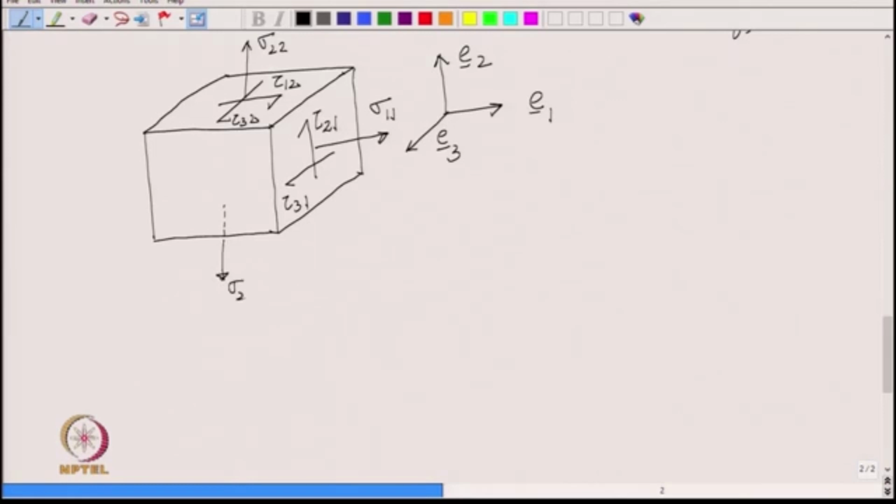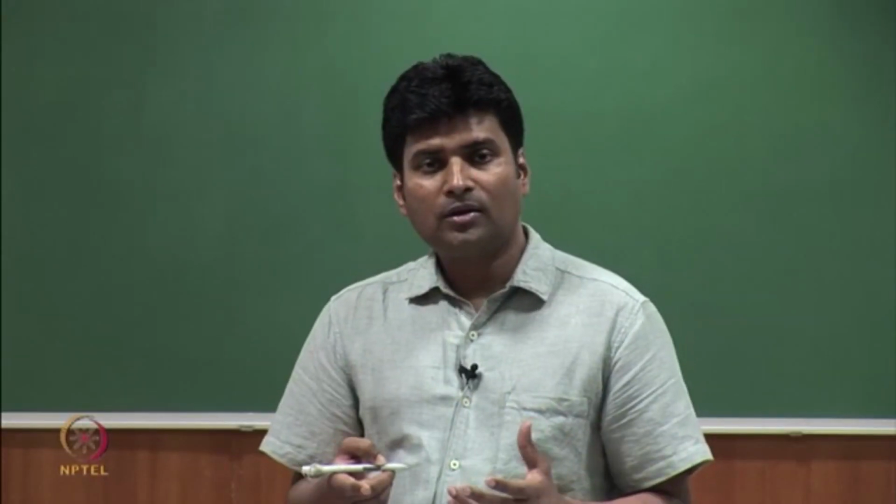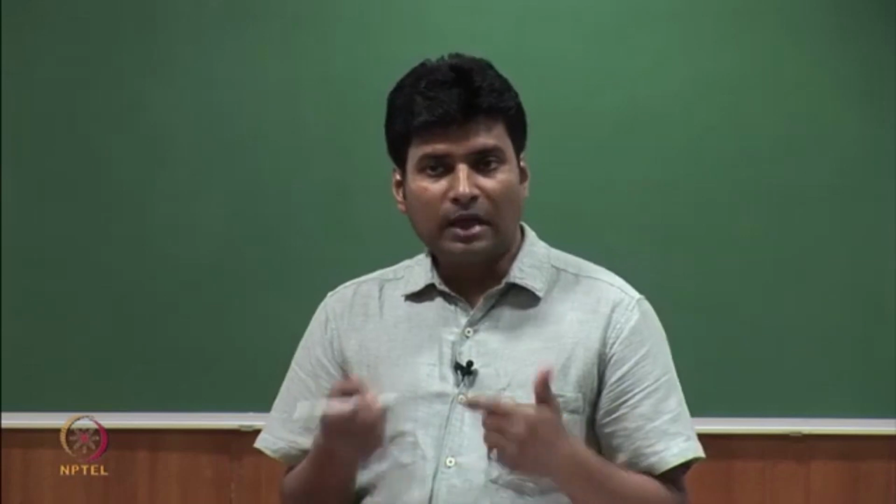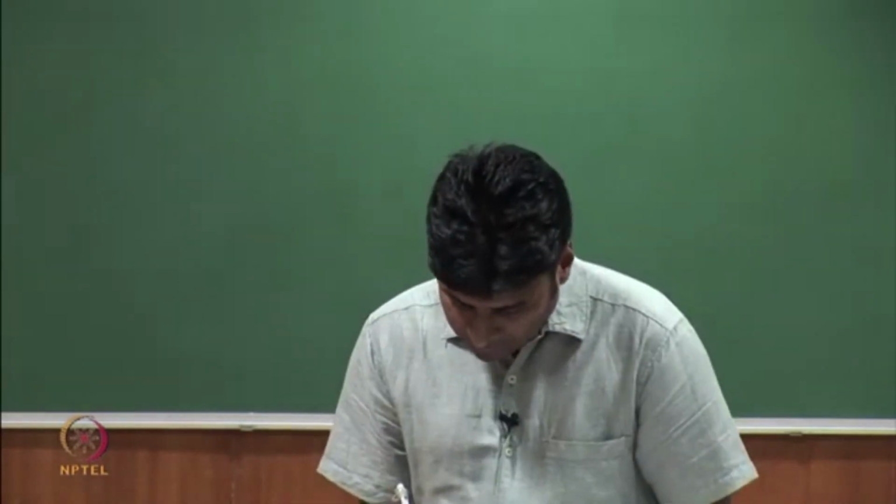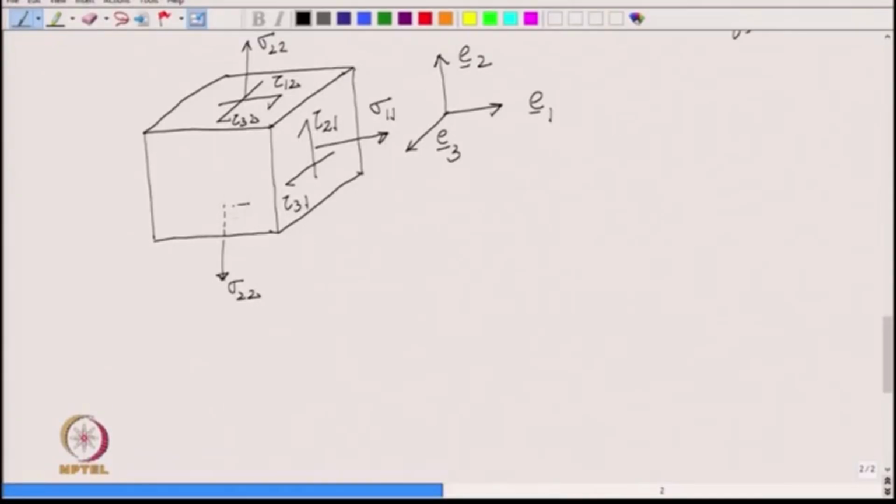So, you have sigma 2 2 and then you have tau 1 2, but now this acts in the negative one direction because it is the negative 2 plane. And then you have tau 3 2, which is now in the negative 3 direction.